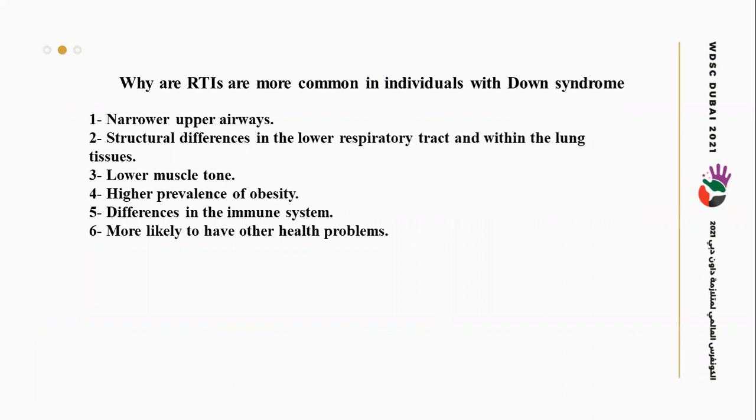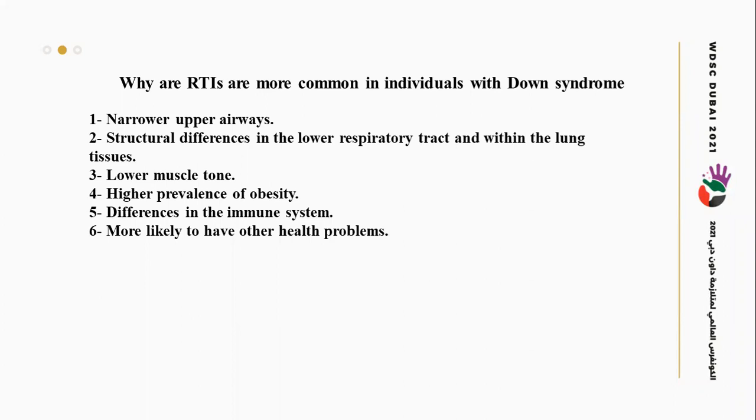Why are respiratory tract infections more common in individuals with Down syndrome? For so many reasons. Because Down syndrome individuals have narrower upper airways than others. They have structural differences in the lower respiratory tract and within the lung tissue itself also.